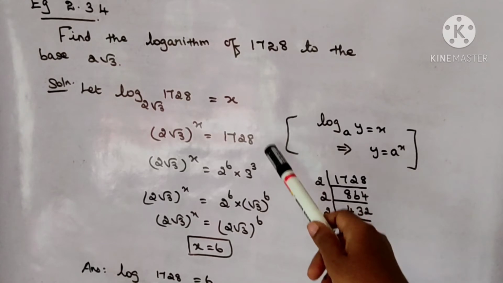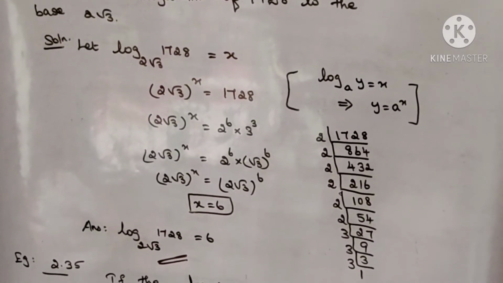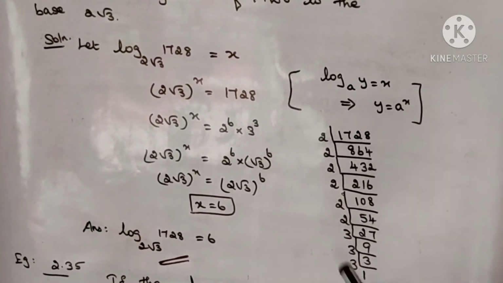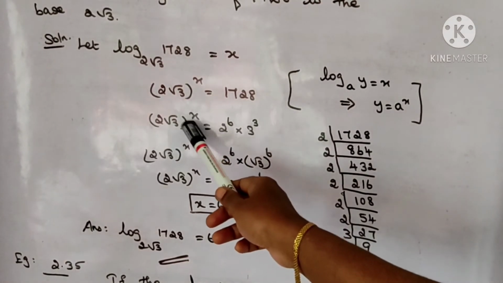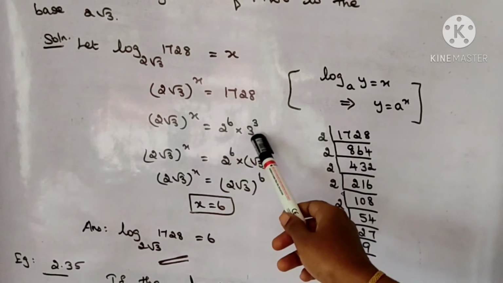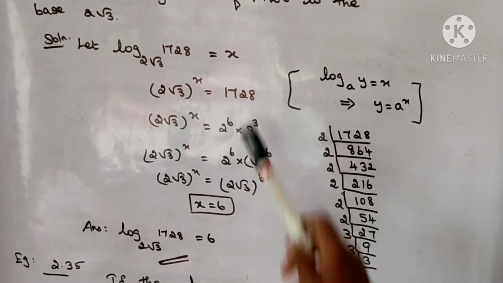So you find the prime factorization of 1728, as you already know. We get 2 six times and 3 three times. But we want the power to be only one number x. So we convert this 3, this exponent 3, also to 6.